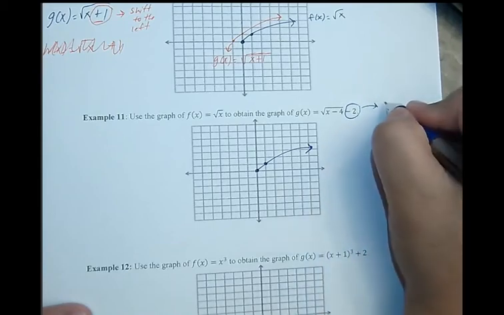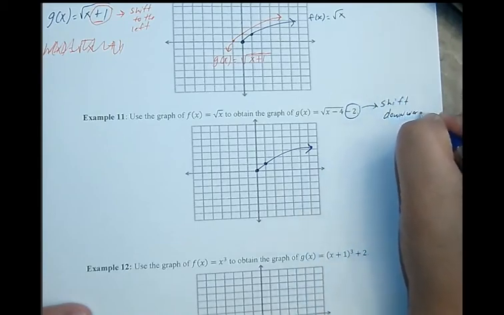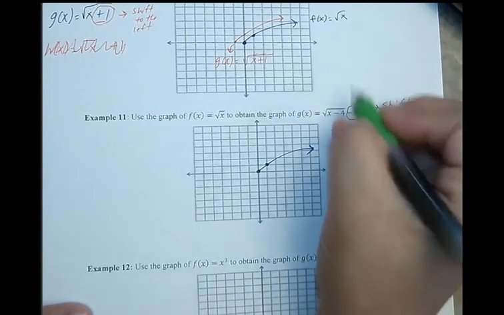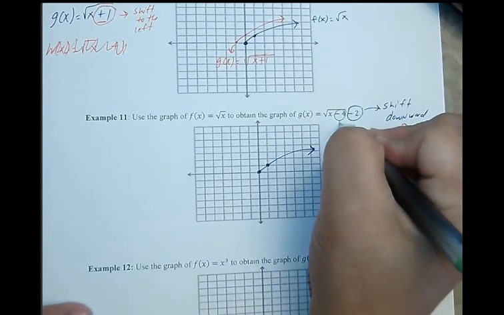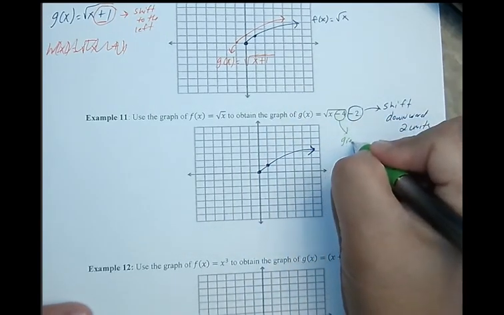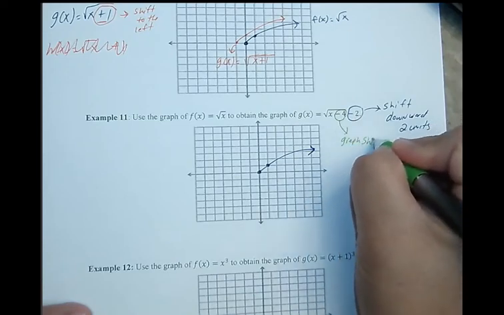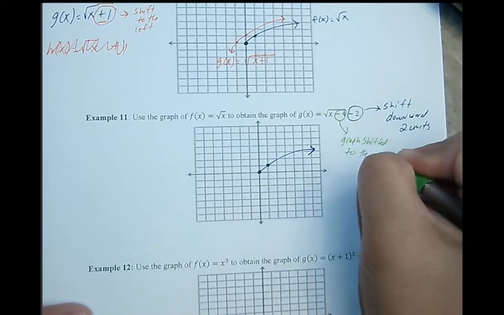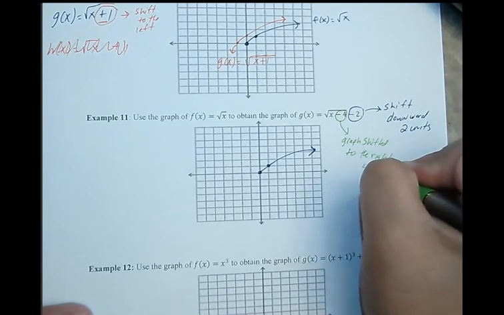So this tells me that the graph will shift downward 2 units. And the minus 4 is going to tell me that the graph will be shifted to the right 4 units.